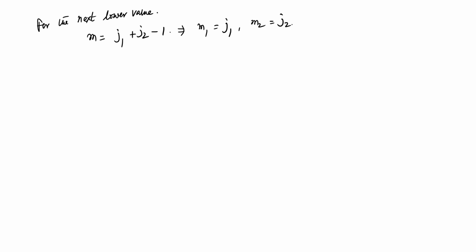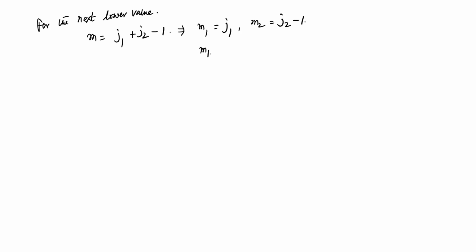So, for the next lower value of j, M is equal to J1 plus J2 minus 1, and this tells you that M1 can be equal to J1 and M2 equal to J2 minus 1, or it is the other way around.